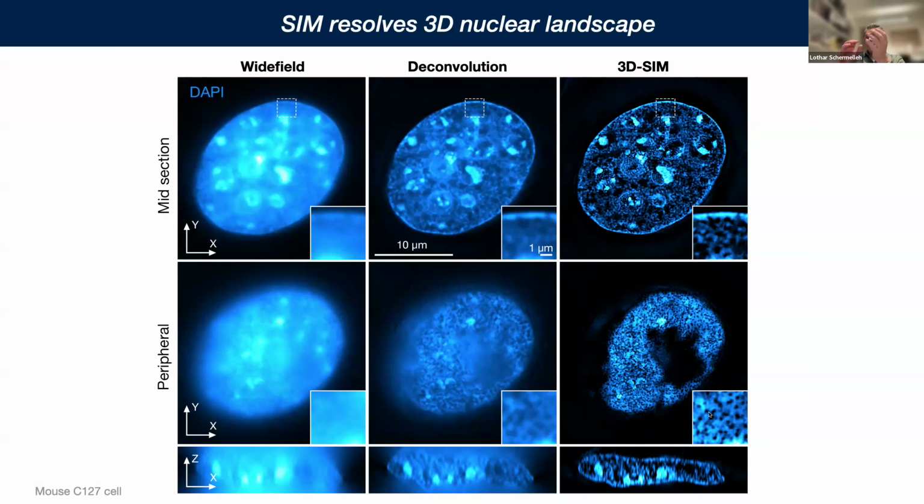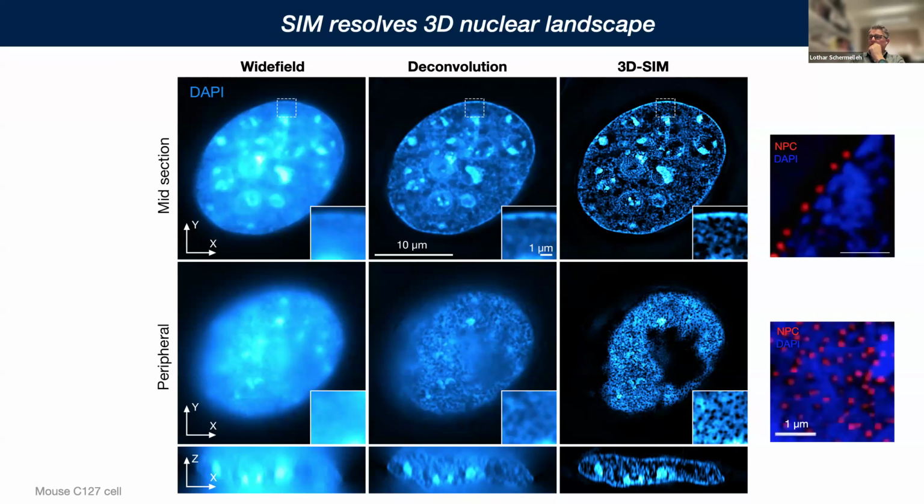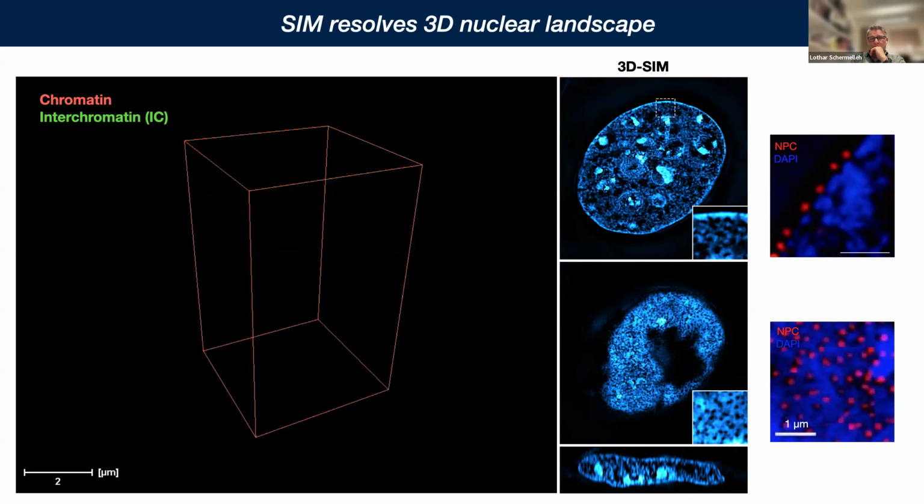For instance, we can resolve here these nice DNA stain-free voids at the sites where nuclear pores are sitting. This was one of the revealing things when we used this the first time: we can actually see a distinctive organization of chromatin, not just a foggy haze and some channels that lead to nuclear pores.